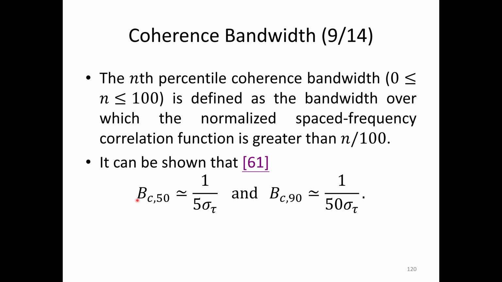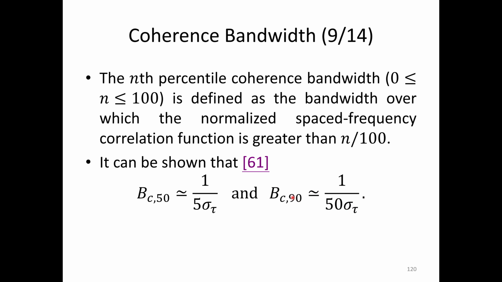So what does this mean? It means that the bandwidth over which the normalized spaced frequency correlation function is greater than 50 over 100, that is greater than 0.5, is BC50, which is approximately 1 over 5 sigma tau, and BC90 is approximately 1 over 50 sigma tau.